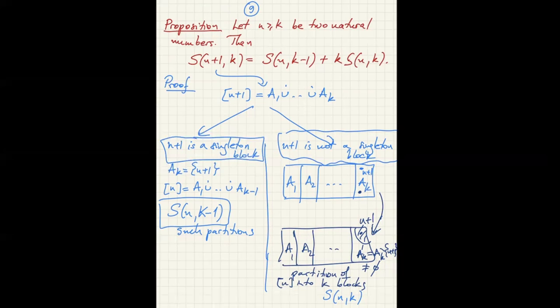So the number of partitions in this situation is going to be S(n,k) times k. So this is the number of such partitions, and that gives us the recurrence relation that we wanted.